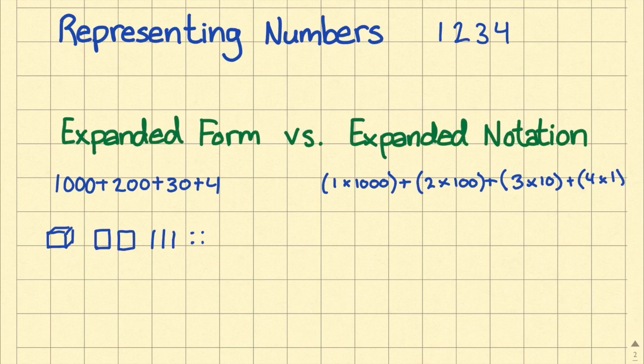Now, for expanded notation, each thing might look exactly the same. We've got 1 of 1,000, we've got 2 hundreds, we've got 3 10s, and we've got 4 1s.